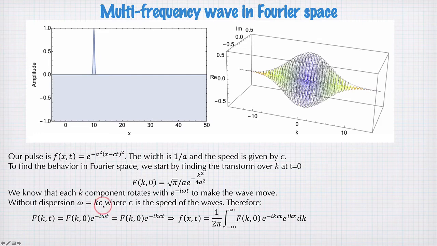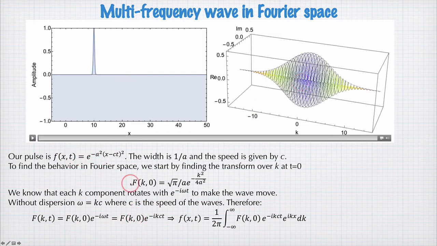Replacing omega with k times c, where c is the constant speed of the waves, we can write that f of k and t is the Fourier transform at time equal to 0, and then each k component is shifted, rotated in the complex plane by this complex exponential here, e to the negative i k c times t. So this is the thing which I've animated here, and this is the function that I've animated here.